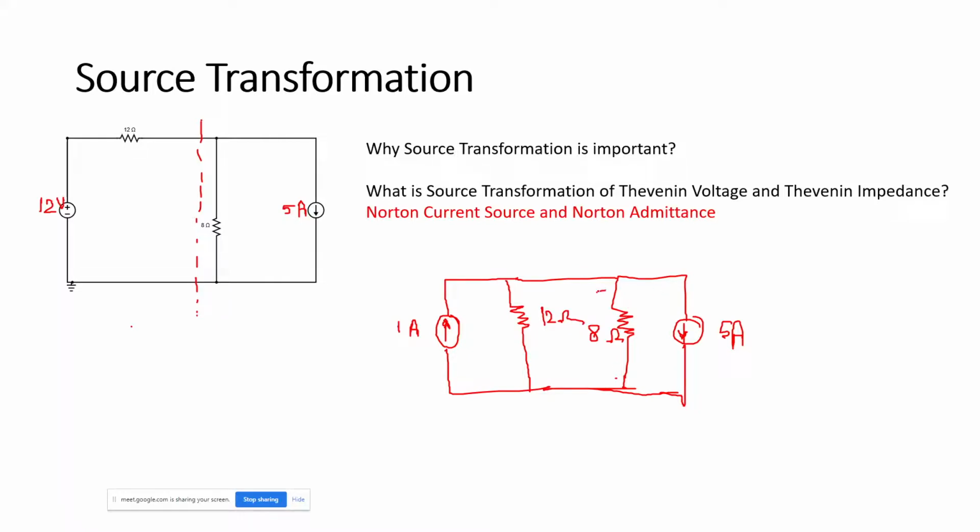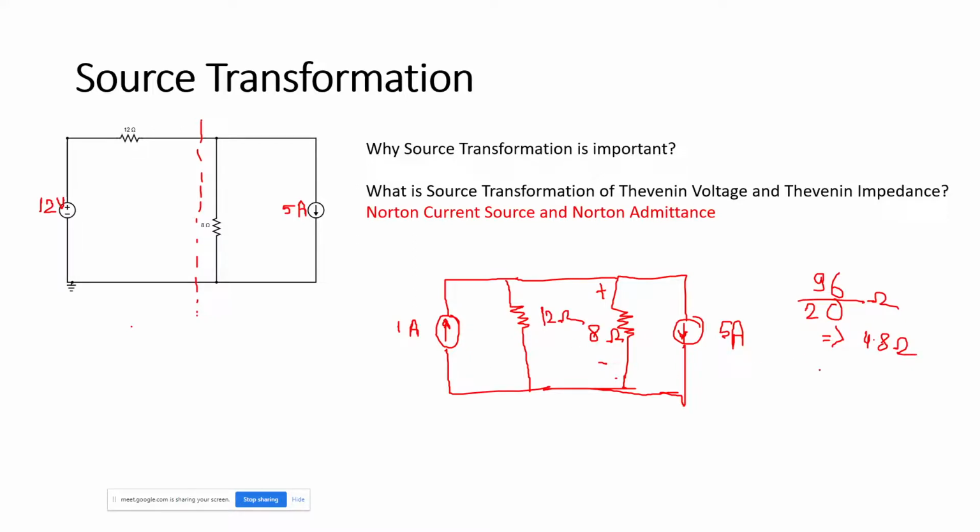To calculate the voltage across this 8 ohm, the same voltage will be across the 12 ohm, so the effective current flowing is the answer. The parallel of 12 and 8 is 96 by 20 ohms, that is 4.8 ohms.